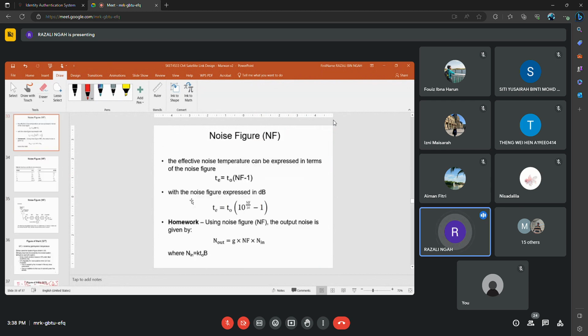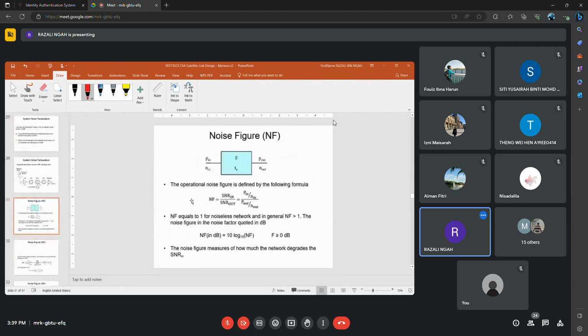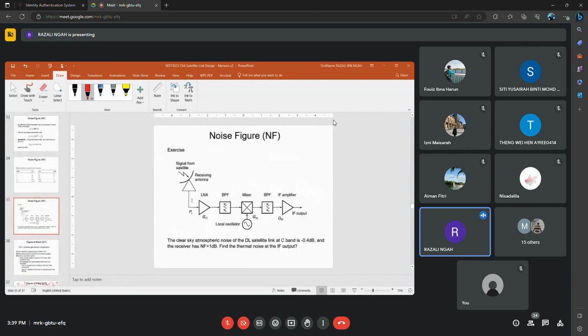So based on what you have learned in principal communication, normally we consider, for example, this subsection. Normally we determine TS over here. This gives you the overall noise temperature, which is equal to T in.